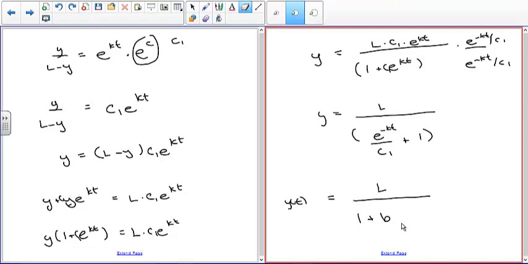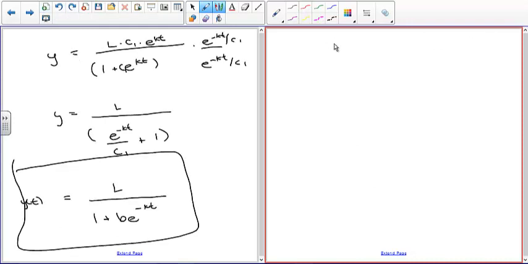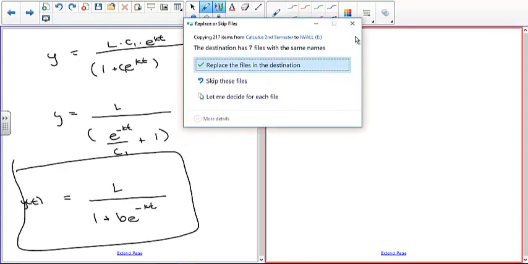So it's 1 plus B e to the minus kt. Okay. So what I did is I changed 1 over c1 to be B. And let's just define what the terms are. So L is the carrying capacity.